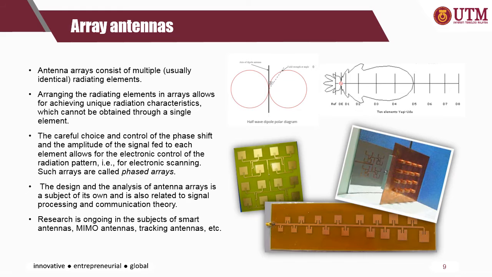Next is the array antennas, which consists of multiple radiating elements. So it achieves unique radiation characteristic which cannot be obtained through a single element. When you look at the structure, this is the single element. To start array antenna design, you will design the single element first, and then the same structure will be copied or arranged in multiple rows and multiple columns.